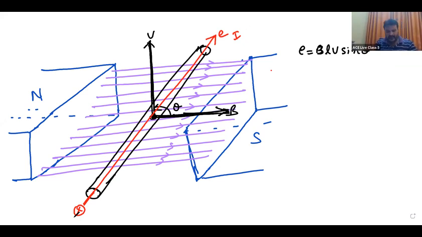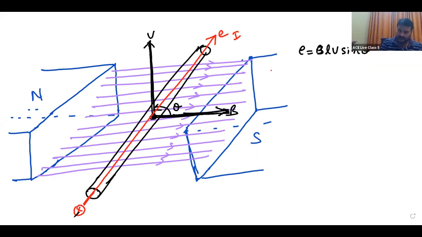But in a practical alternator, the conductor will never simply move upwards or downwards. It is not in the form of a single conductor in practical machines. Always the conductor will be in the form of a coil, and there will be multi-turn coils. Those multi-turn coils will be kept in the rotor core, or you can also keep them on the stator core.